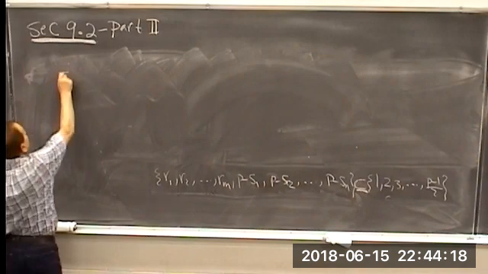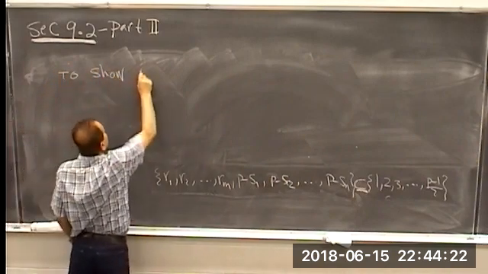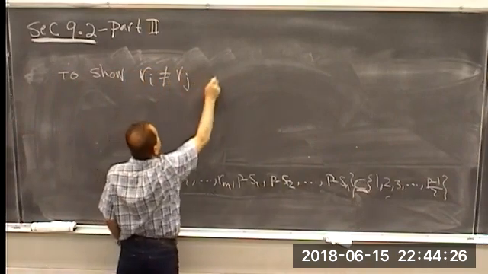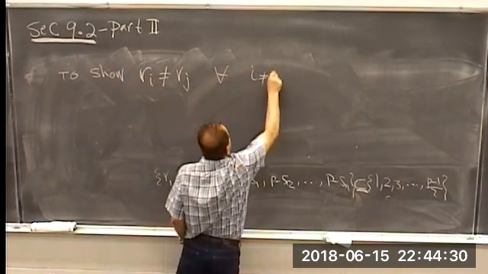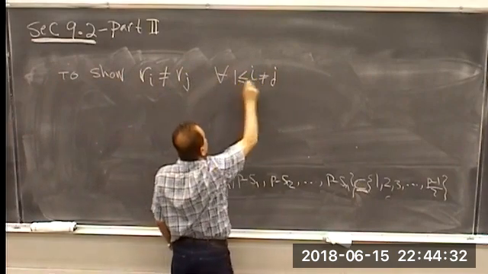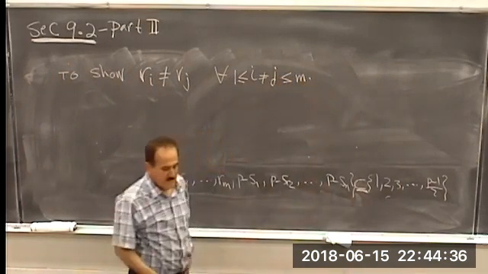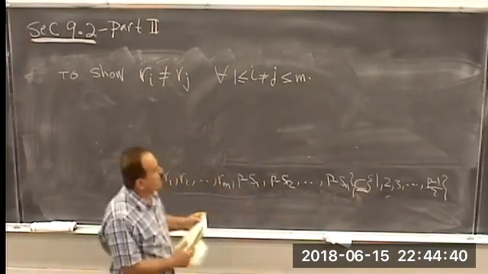So again, to show r sub i does not equal r sub j for every i not equal to j between 1 and n, we have to show this one in general.